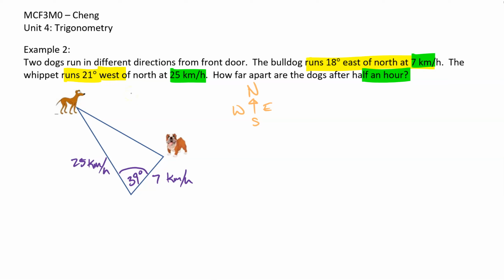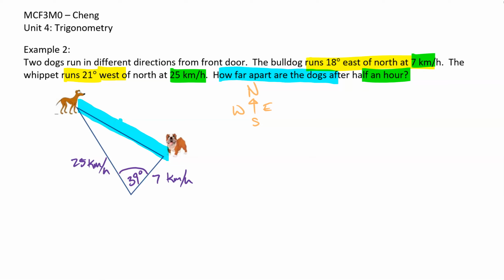A speed. But I'm not looking for a speed. I'm looking for how far apart the dogs are here. And only if I change my speed to distance am I going to get distance here. Okay? So let's deal with that.